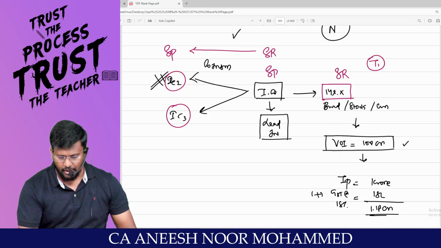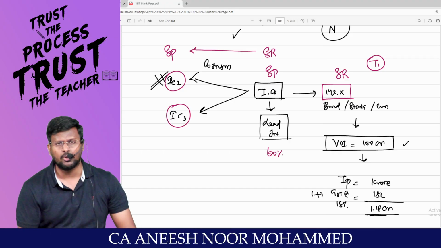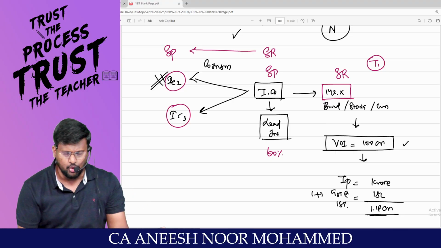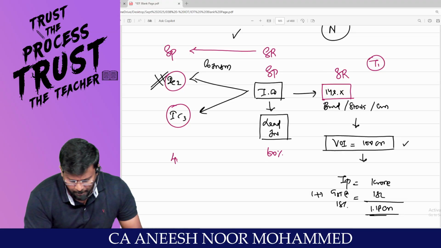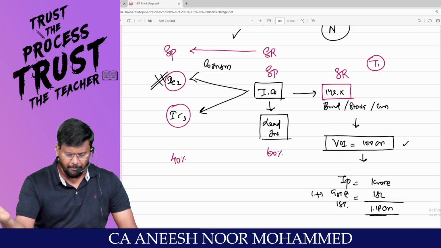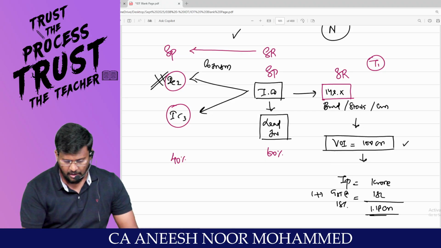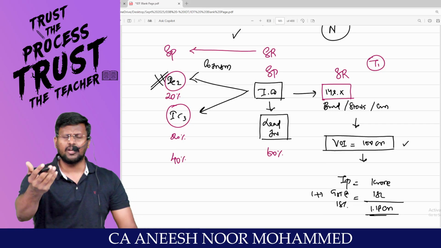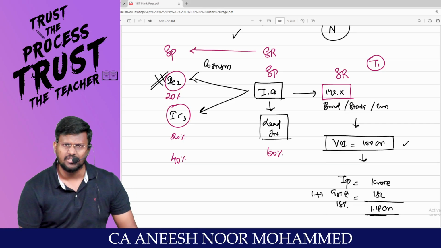For example, if 60% of the total risk is going to be shared by the lead insurance company, the remaining 40% has to be shared by the co-insurance companies. Out of that, 20% is going to be shared by this one and another 20% by insurance company number 3.